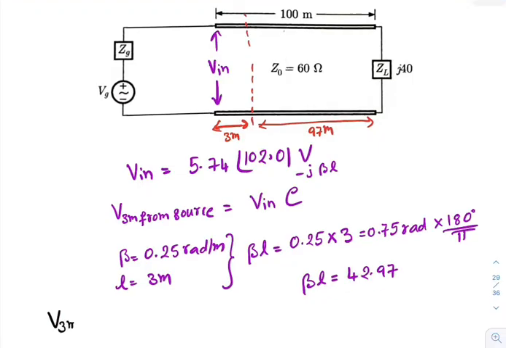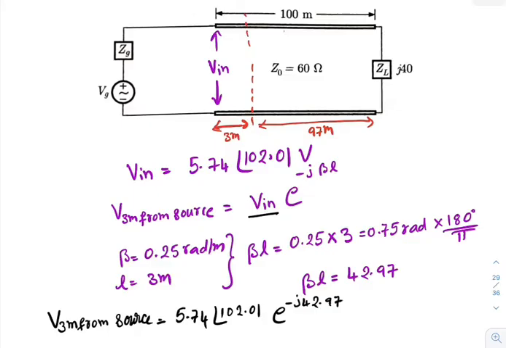Voltage at 3 meters from source equal to V in, 5.74 angle 102.01, into e power minus j times 42.97, and its value is equal to 5.74 angle 59.04.